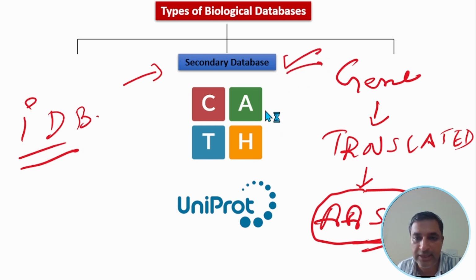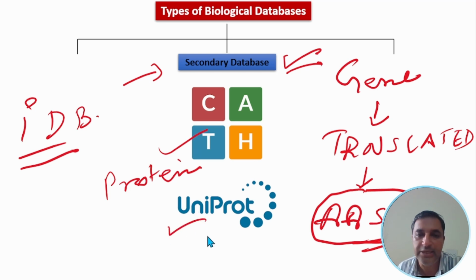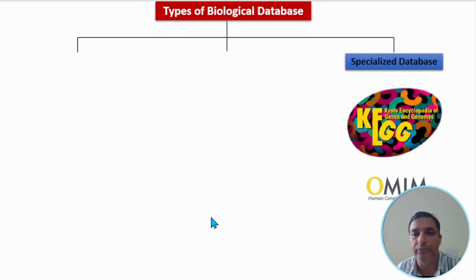There are certain examples of secondary databases such as the CATH database, which contains information about protein structures such as protein folding patterns. In addition, the UniProt database is also an example of a secondary database. The third type of database is a specialized database.